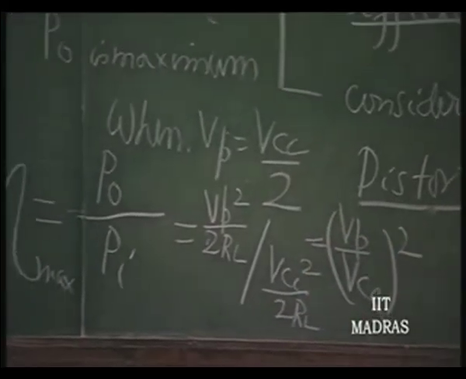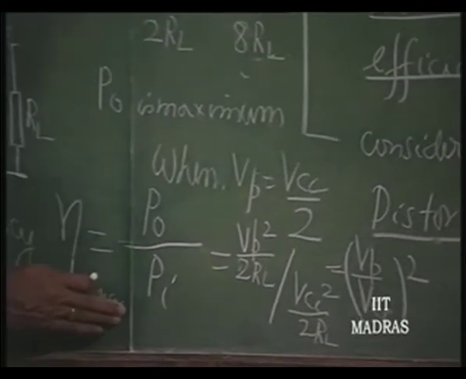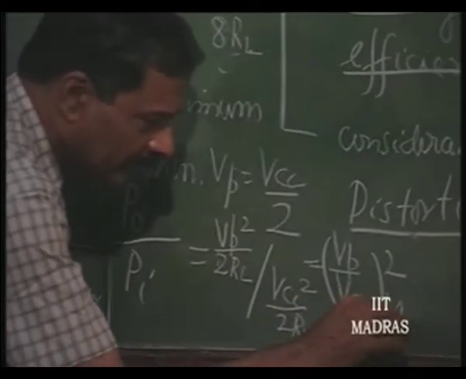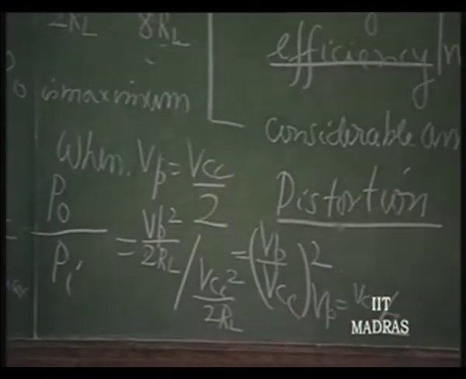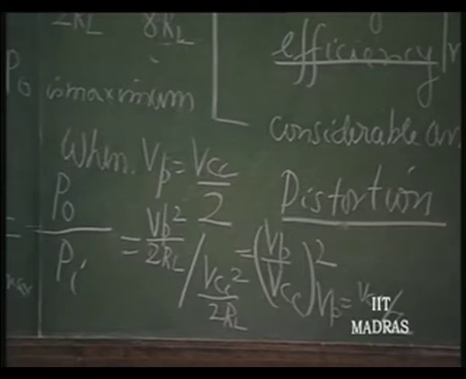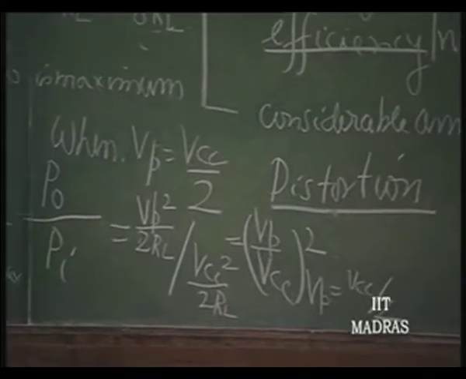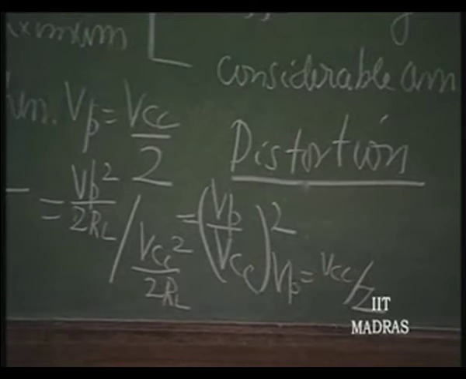And since the maximum value of this occurs when Vp is Vcc by 2, the maximum efficiency is only how much? 25%.